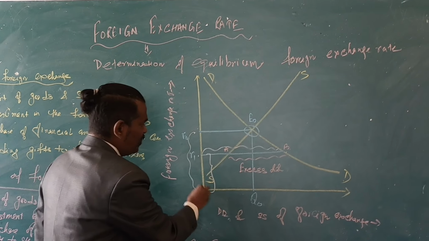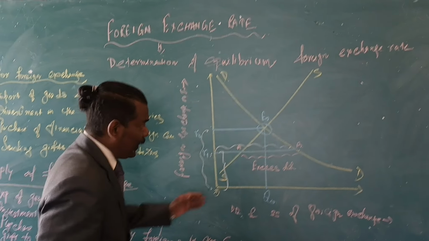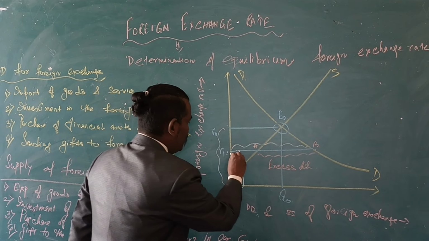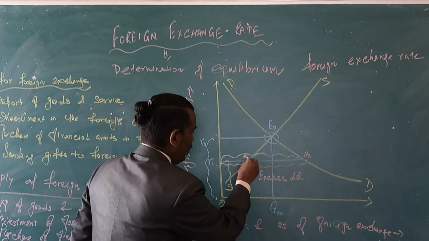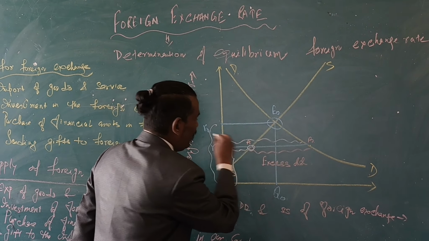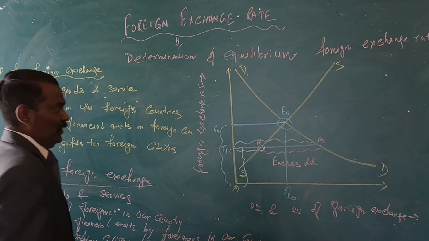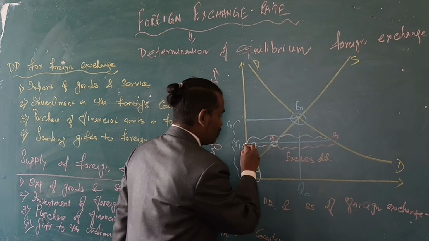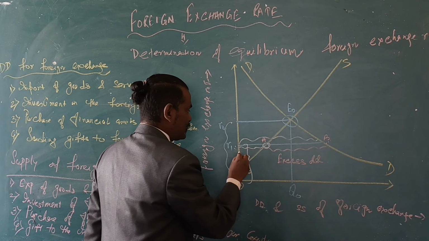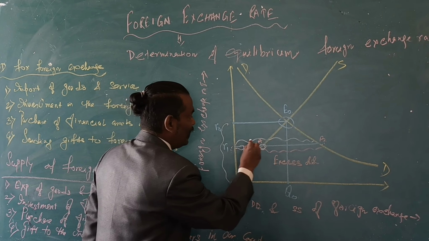At the exchange rate OR1, how much is the supply of foreign exchange? The supply of foreign exchange is R1A. A is on the supply curve. So at OR1, the demand for foreign exchange is R1B, whereas the supply of foreign exchange is R1A.